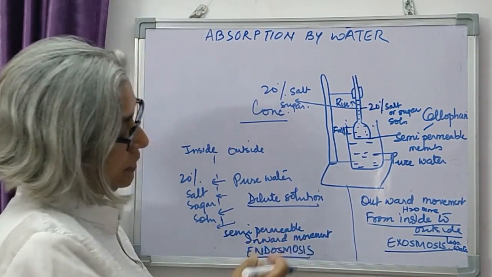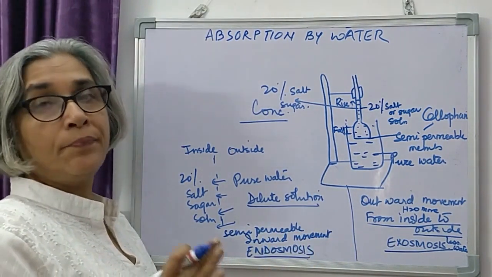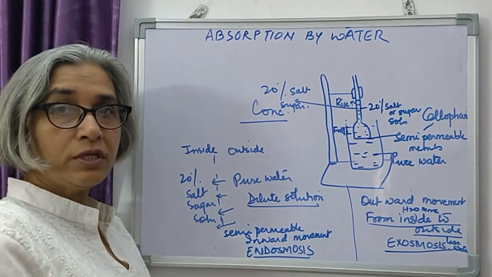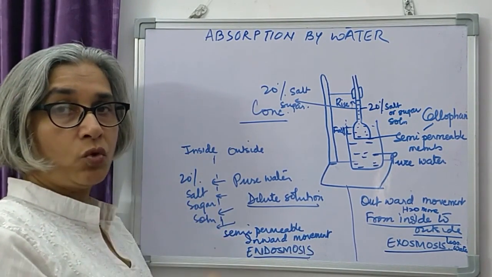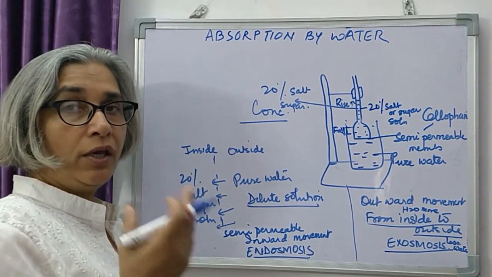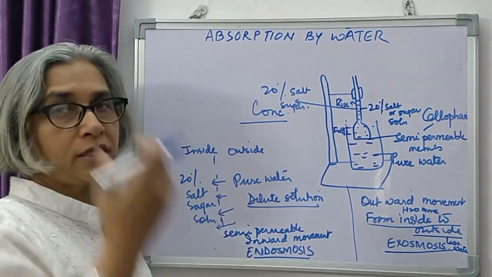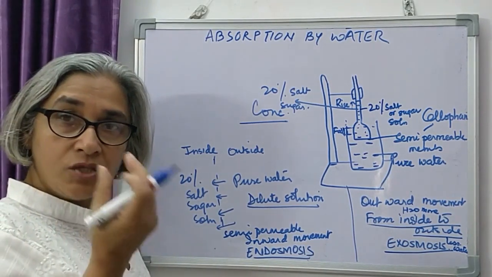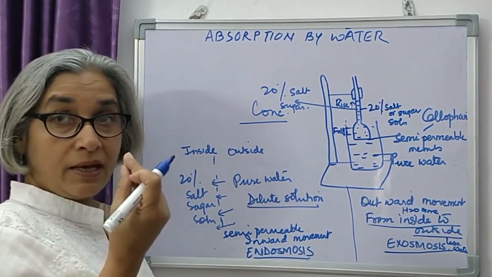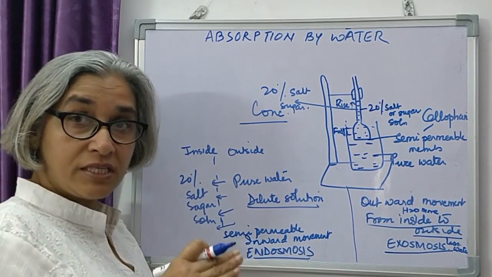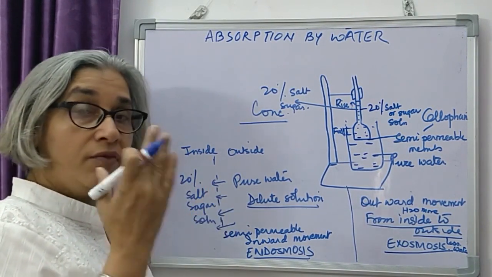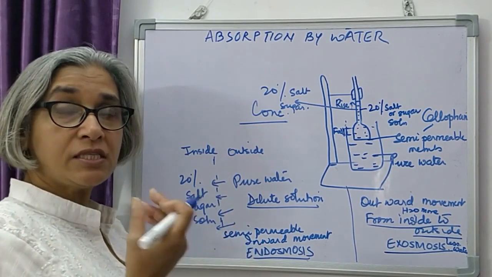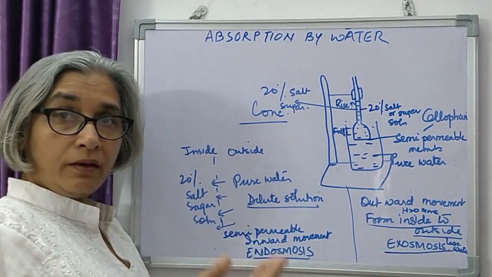Now to give you an example of endosmosis, if you are observant enough, you must have noticed that mummy soaks rajma or chana in water overnight or say for 6-7 hours. And after that we see that the seeds swell up. Why does that happen? Because the inside of the seed, those seeds are dry, there is less water, but the concentration of the solutes is more.